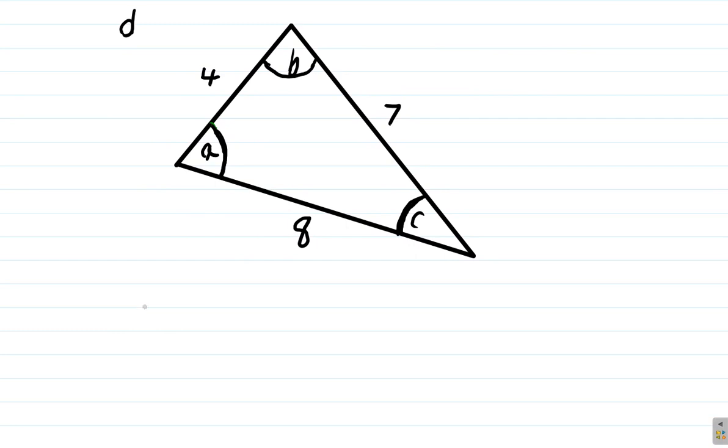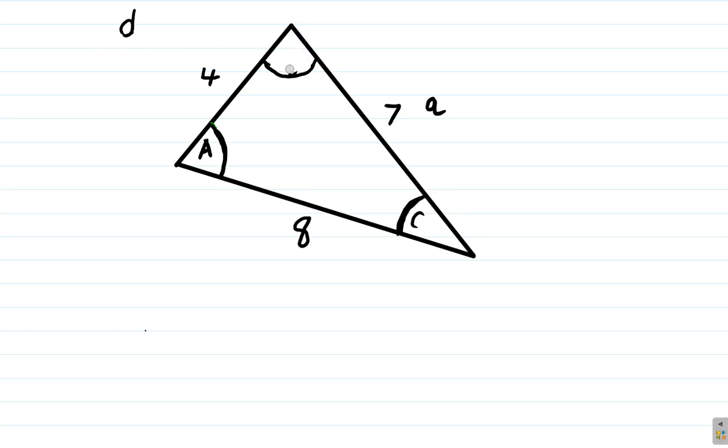Which angle do you want to find first? Suppose you find A. By the way, I should write the angles in uppercase, capital letters. This is angle A, and this side small a.